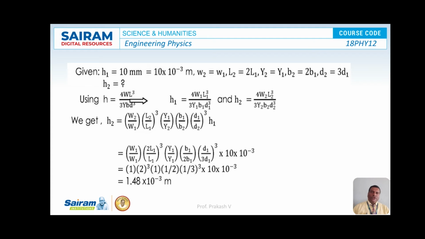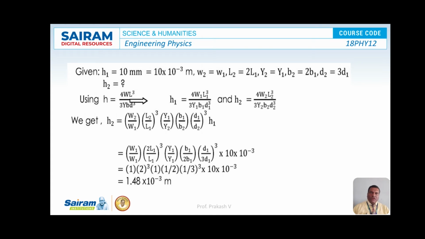So we know the formula for calculating h, that is the depression, which is 4w L cube by 3y b d cube. So for the first cantilever, the value of h1 can be written as 4w1 L1 cube by 3y1 b1 d1 cube. Similarly, for the second cantilever, h2 is equal to 4w2 L2 cube divided by 3y2 b2 d2 cube.